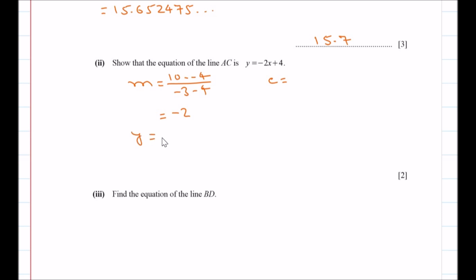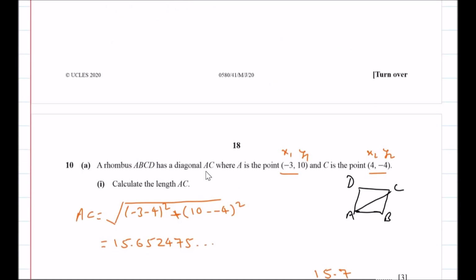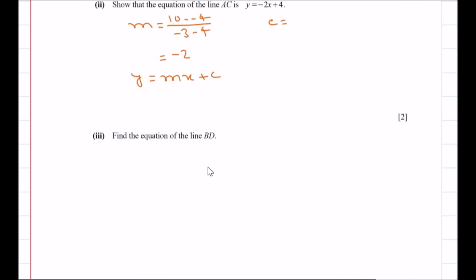Okay. Now to find the y-intercept, y equal to mx plus c. This is the formula for the line in slope-intercept form. Take one of the points and put it here, y and x. So suppose I am taking the first point, minus 3 and 10. So y equal to 10 and minus 2 into x, x is minus 3, plus c.